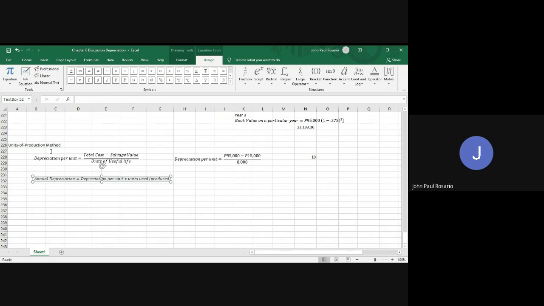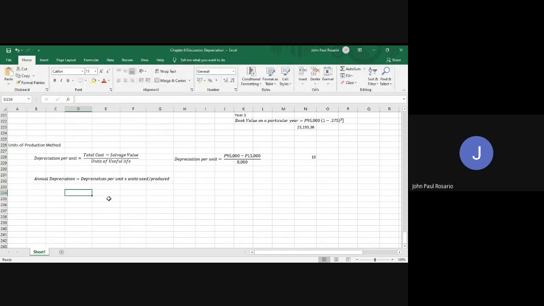It will be based on actual usage. For example, on year one, they used 3,000 hours.